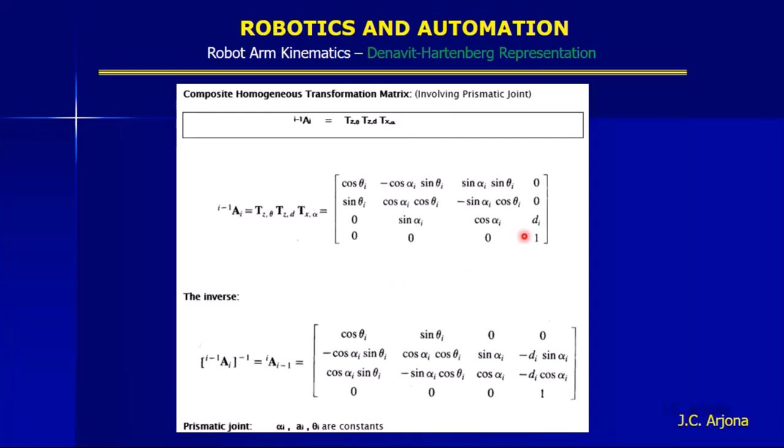So for prismatic only, this is the result of the evaluation involving prismatic joint only. And here is the inverse. To determine the inverse, this is the result of evaluating the inverse. And take note that for a prismatic joint, alpha i, ai, and theta i are constants in this case.